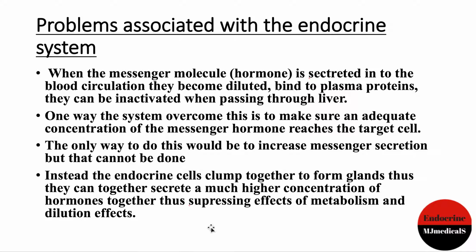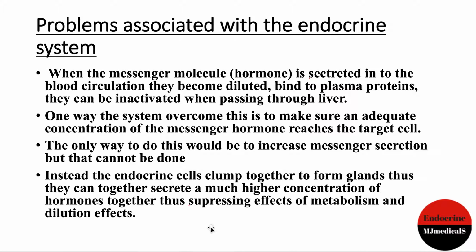Two, it can bind to plasma proteins like albumin, glycoprotein, and so on. Three, it can be inactivated when passing through the liver due to metabolism. All of these three things mean that there wouldn't be an adequate concentration of the messenger molecule reaching the target cell. Therefore, it wouldn't be able to produce the desired effect.